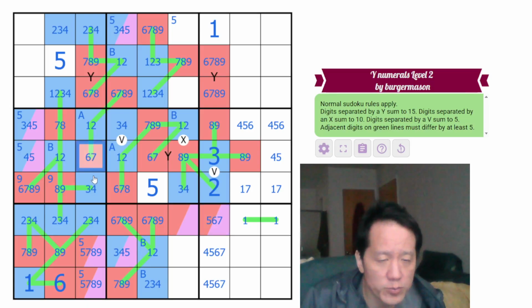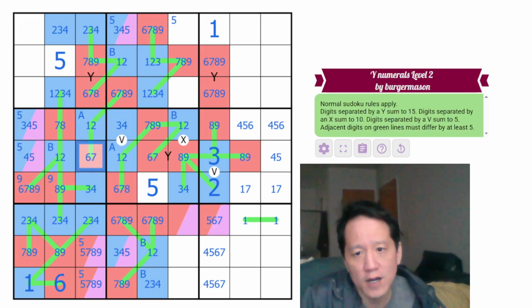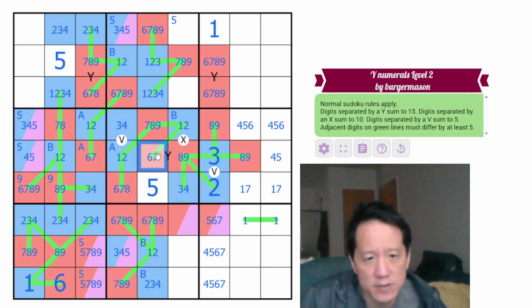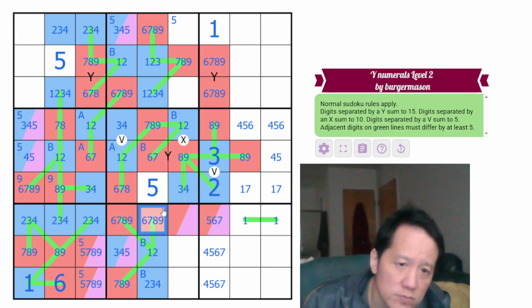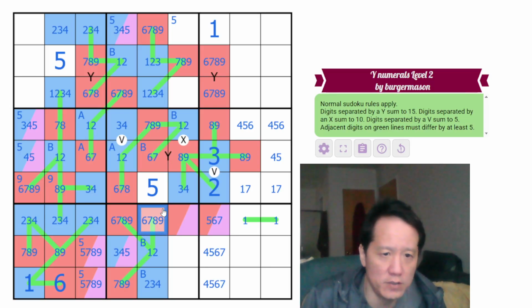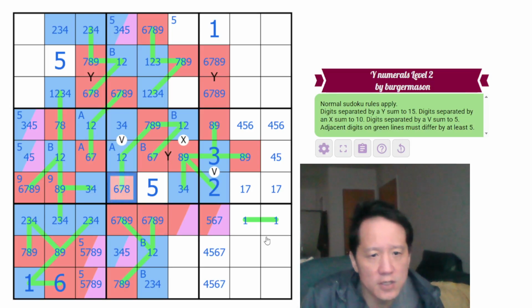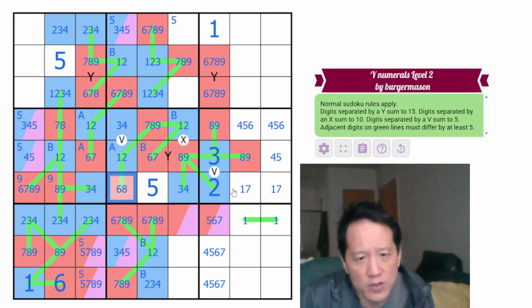So this would be the corresponding A high digit. Therefore, this would be the corresponding B high digit. This can't be 7 because of this.